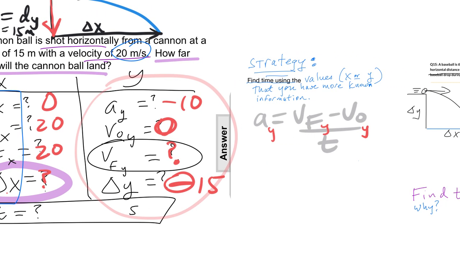I mean, it's probably essential that you put the subscripts there so you don't get confused between the two when you're plugging into the equation. So negative 10 equals... I can't use that one because I don't have VFY. Okay, so back to the drawing board.